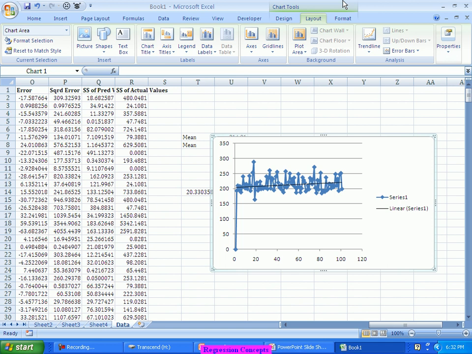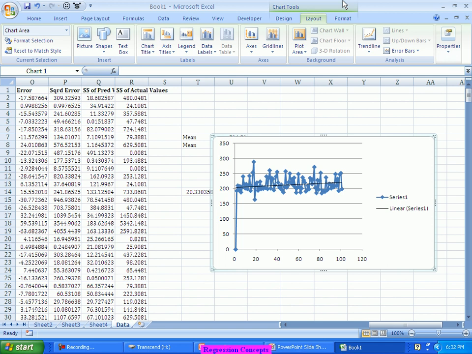But even for the best possible line, we are seeing so many errors, so much deviation. Correct?